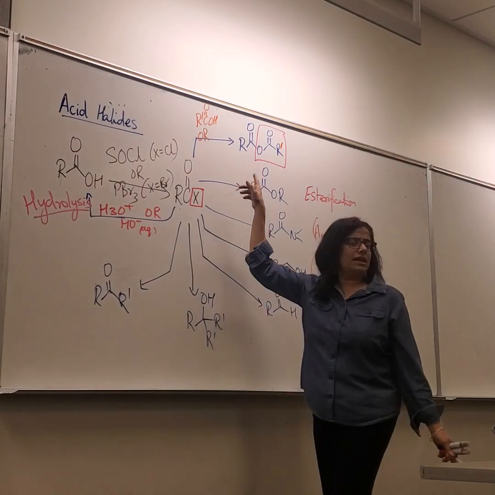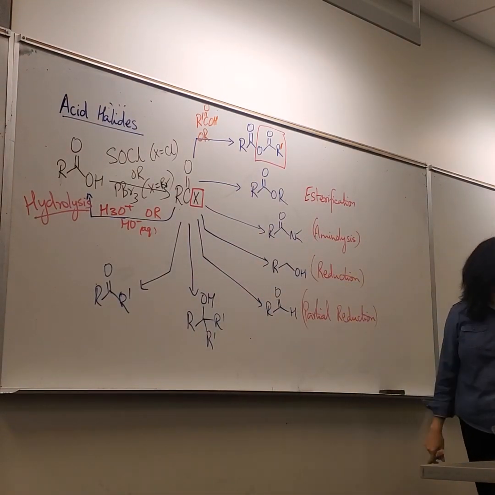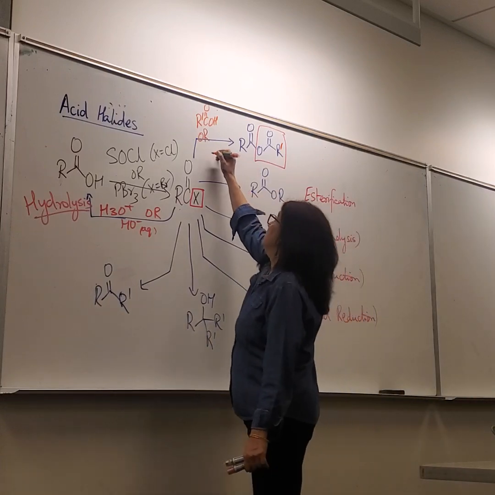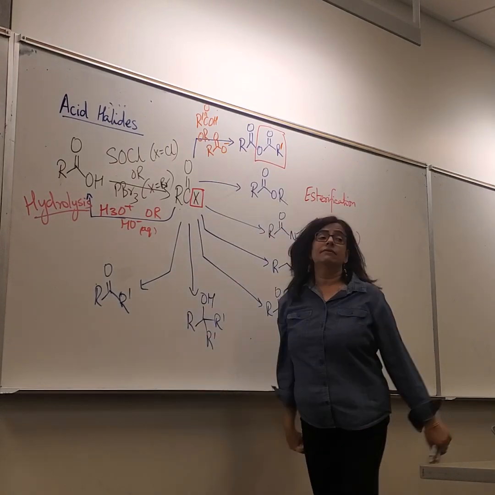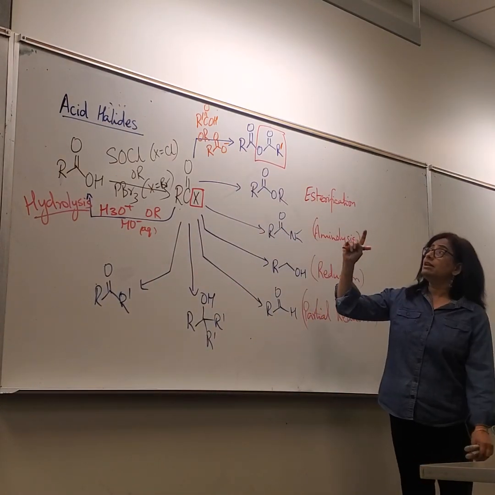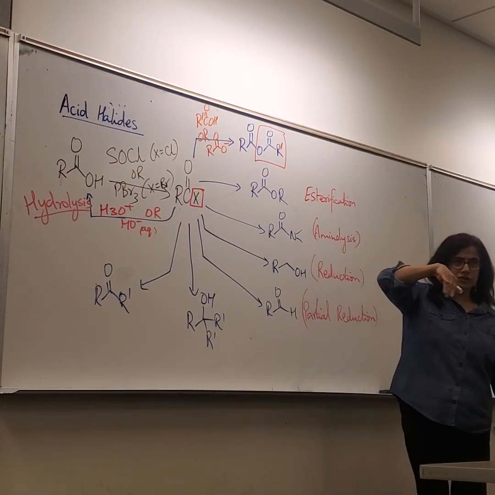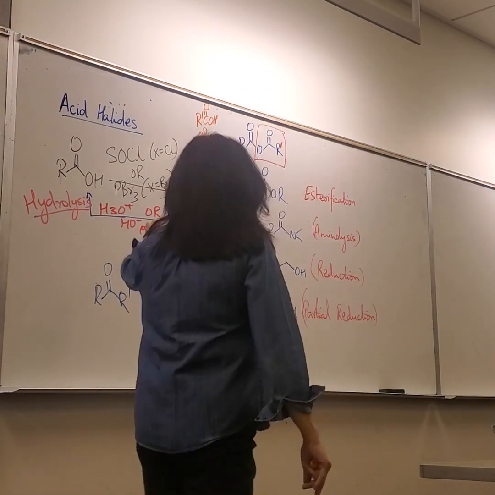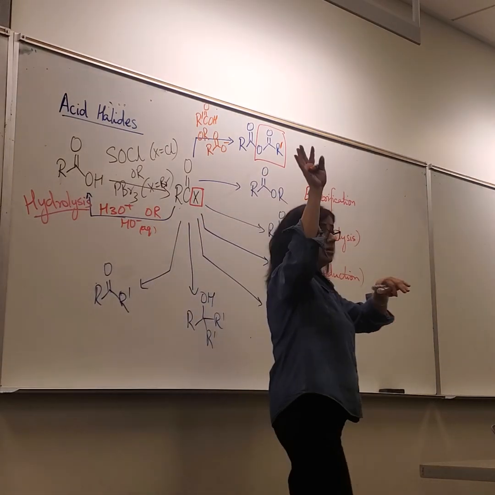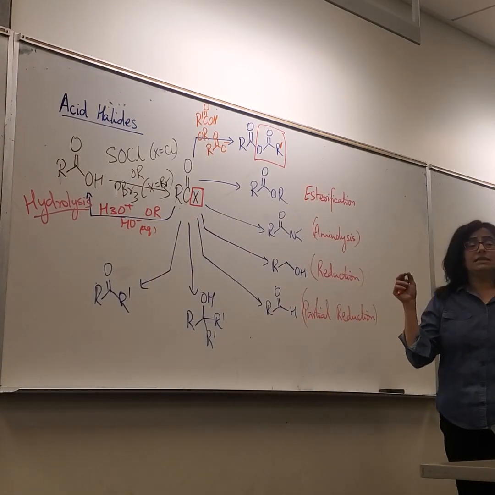So carboxylic acid or carboxylate. Exactly. In case of carboxylic acid, protonation will happen first, then nucleophile attack and so on. In case of carboxylate, nucleophile will attack and then so on. Do you guys see that?